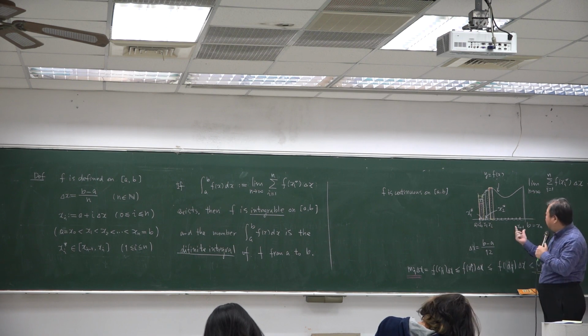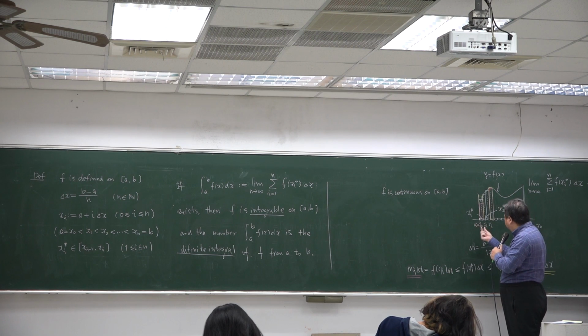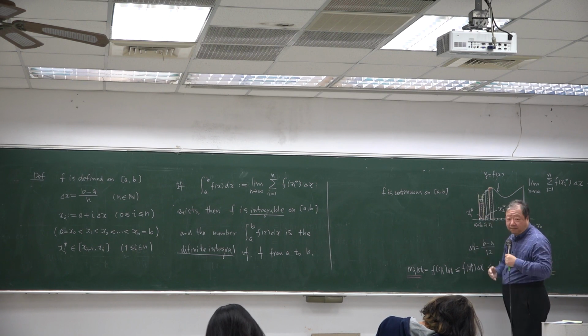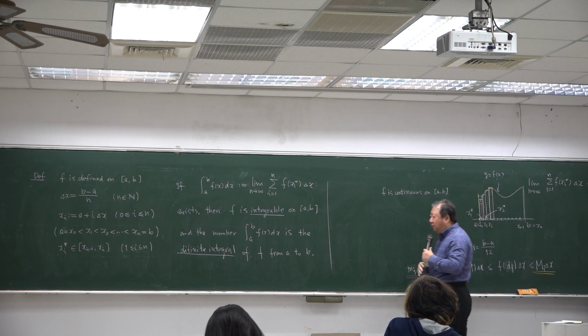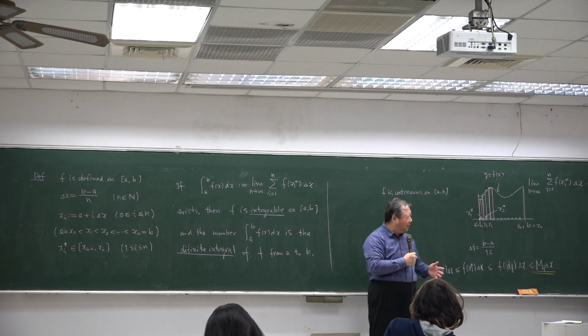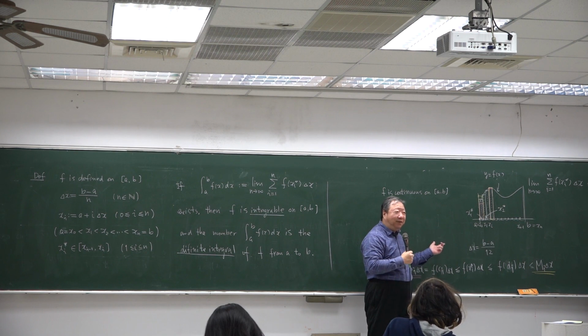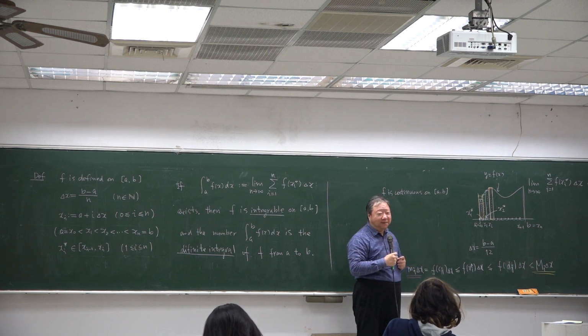Because of the continuity: if n goes to infinity, then delta x will be very small. By the continuity, the minimum and the maximum are almost the same. No matter what sample points are chosen, they always go to the same number. So continuity is a very good property for a given function.